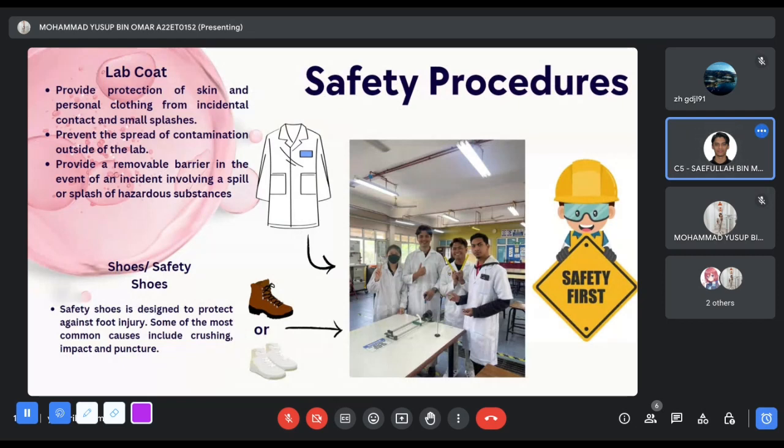We also want to prevent the spread of contamination outside the lab and to provide a removable barrier in the event of an incident involving a spill or splash of hazardous substances. And the reason why we need to wear safety shoes while conducting the lab is to protect our feet from injury, the most common causes of which include crushing, impact, and puncture.